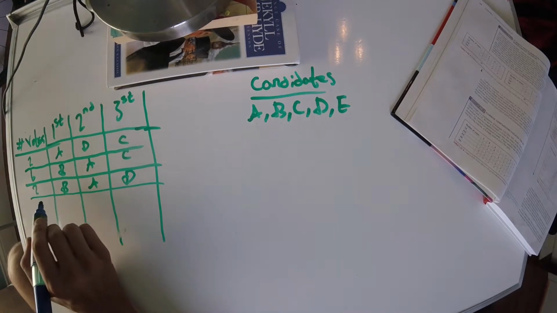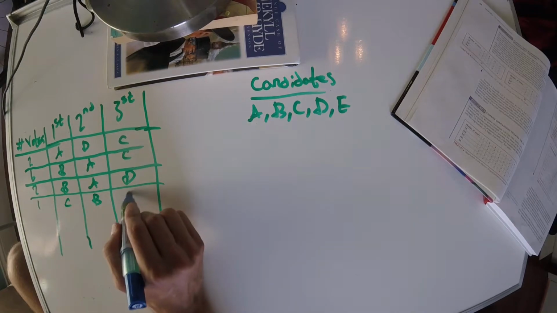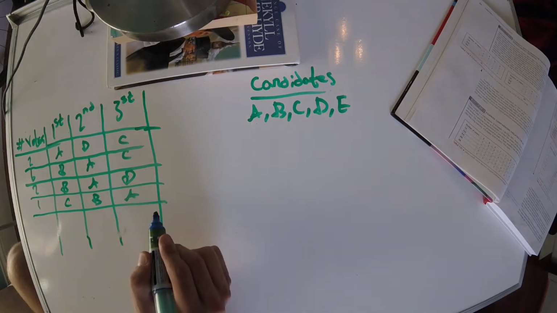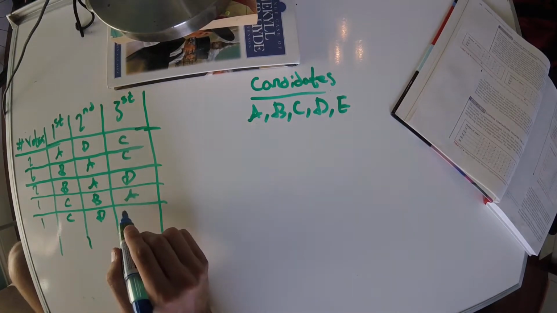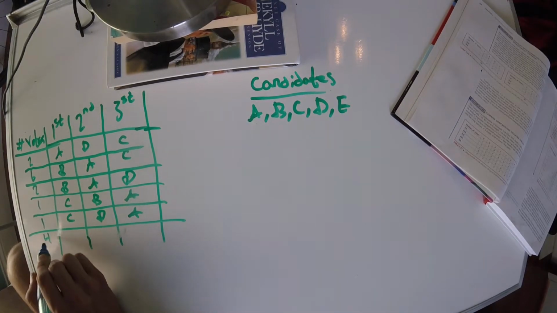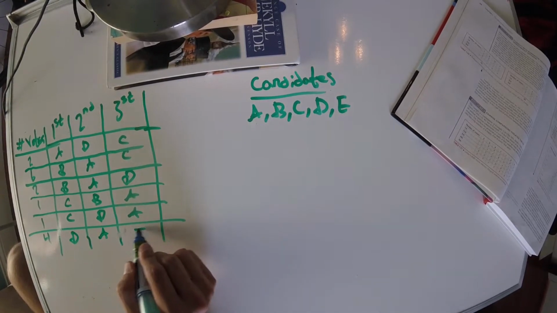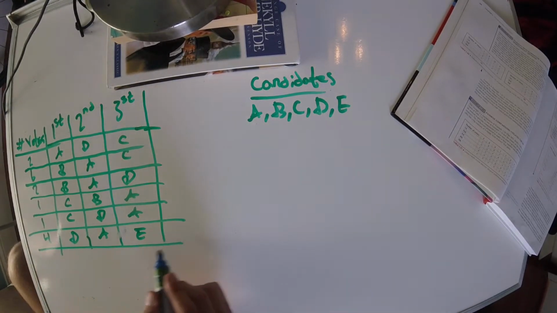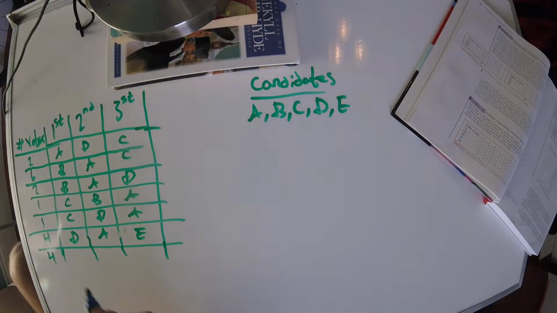And then we have 1 CBA, and we have 1 CDA, and we have 4 DAE, and then we have 4 ECD.